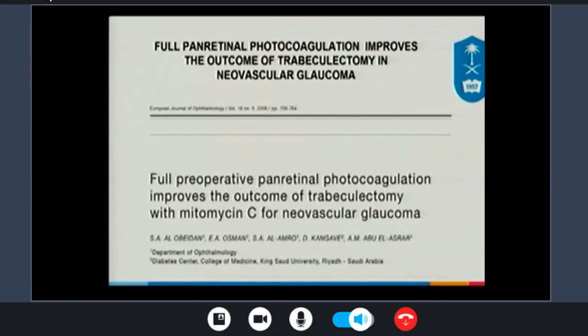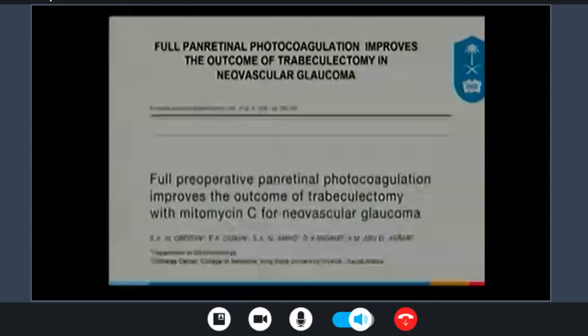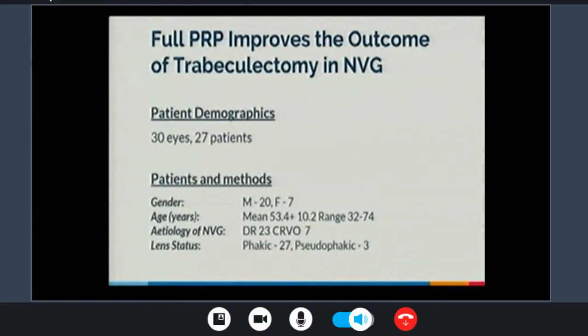Our cases were 30 eyes of 27 patients, more males than females, with a mean age around 53. The etiology in the majority was diabetic retinopathy, 7 had central vein occlusion, and 3 were already pseudophakic.